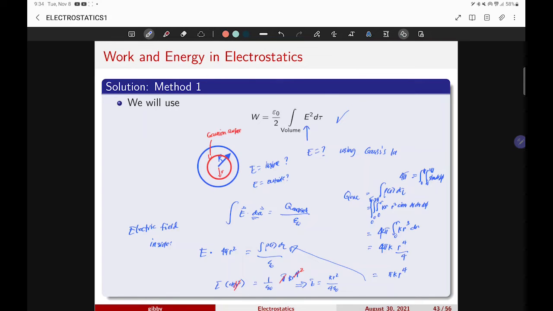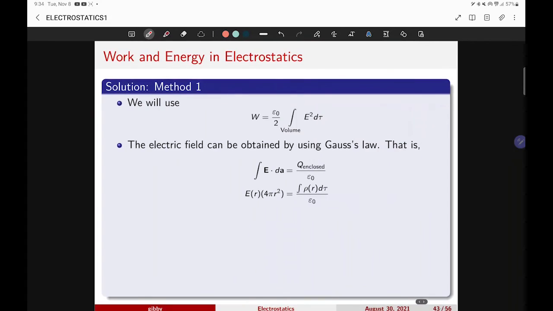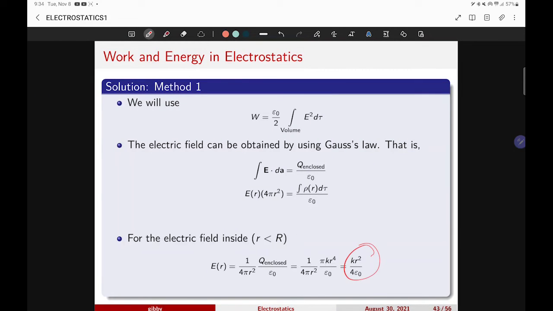So that's the final equation for the electric field. Okay? So that's for the electric field inside. Then later we'll calculate the electric field outside. So we have this one, k r squared over 4 epsilon naught.